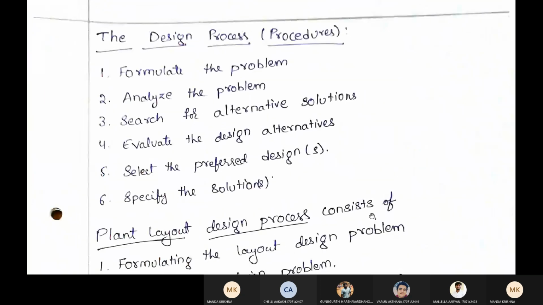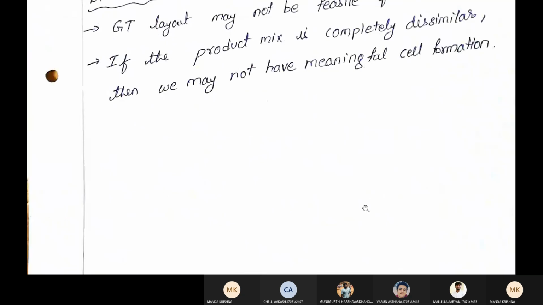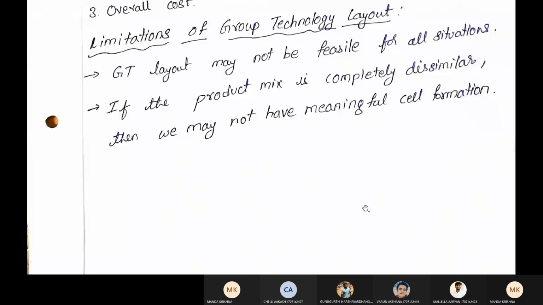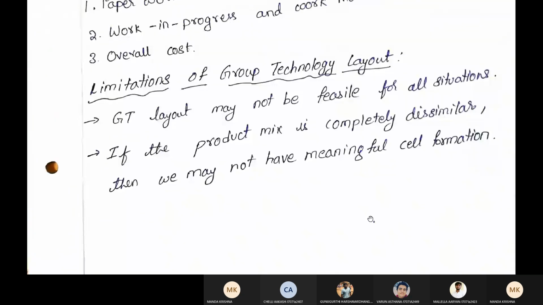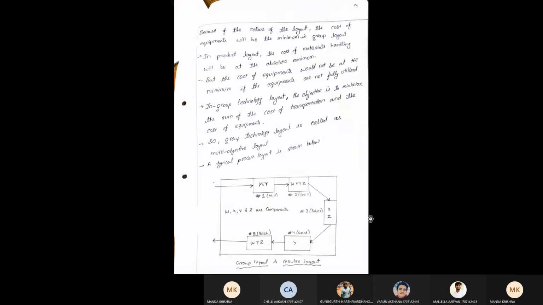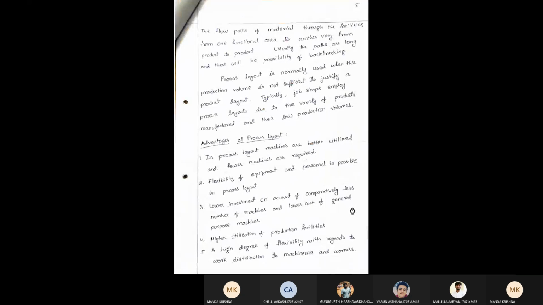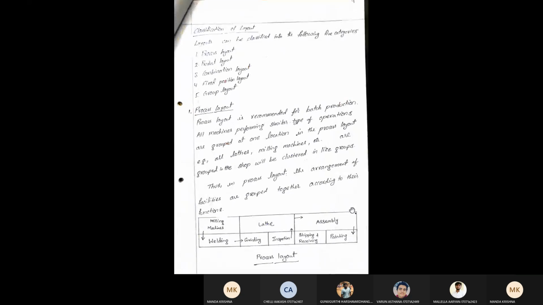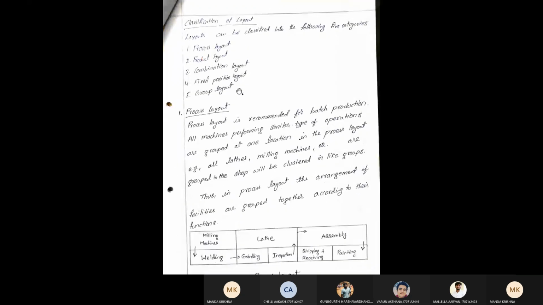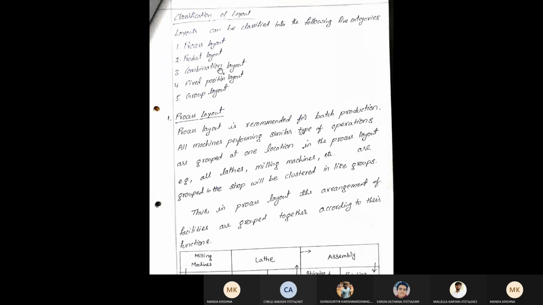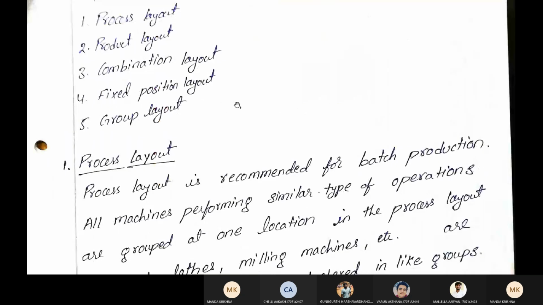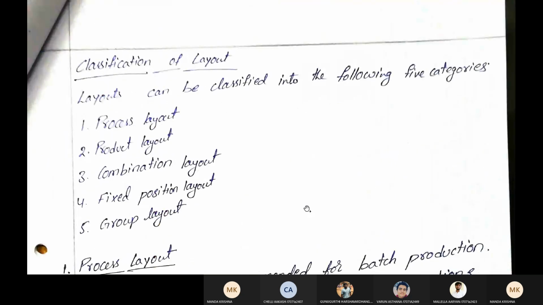Any doubts in the classification? Process, product, combination, fixed position layout, and group layout. Anything you want to discuss?